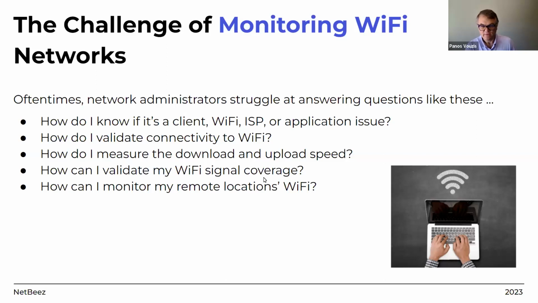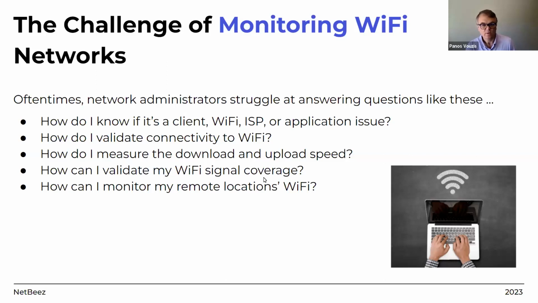Wi-Fi is its own beast in terms of performance and behavior, and of course we care about what the end users experience, regardless of how they're getting their connectivity, through Wi-Fi or ISP. So we want to understand, when a user opens a ticket and complains, and of course they're going to blame first the Wi-Fi or the network, where is the problem really coming from?